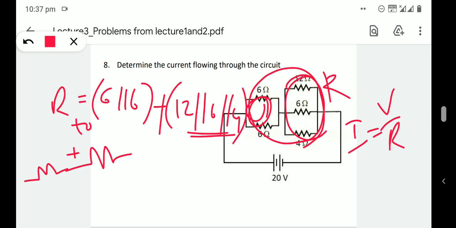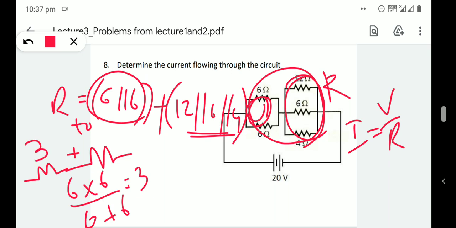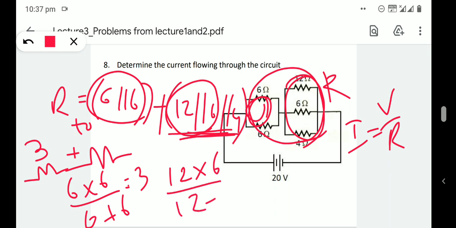So 6 parallel 6 gives 6 into 6 divided by 6 plus 6, which is nothing but 3. So 6 parallel 6 is 3 ohms. Then 12 parallel 6 parallel 4, 3 resistors are in parallel. So first take 12 parallel 6. 12 parallel 6 gives 12 into 6 divided by 12 plus 6, which is equal to 4.